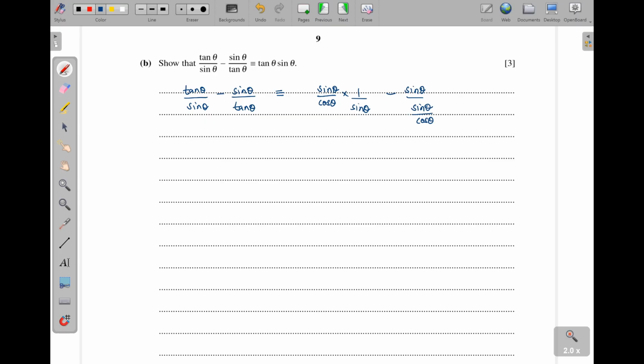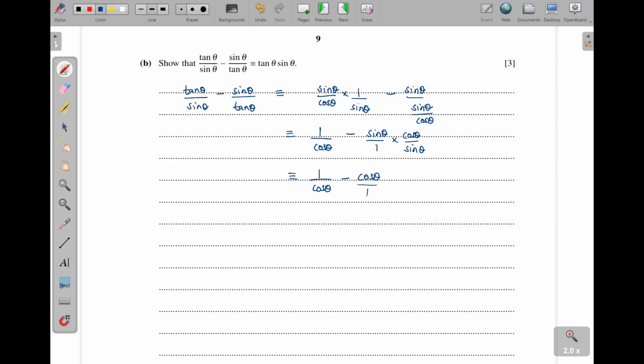This one will go. Then we shall have 1 over cosine of theta. Then minus, this will be sine theta over 1, then times the reciprocal of this one, which is cosine of theta out of sine of theta. This one will go. And then we shall have 1 over cosine of theta, then minus the cosine of theta.